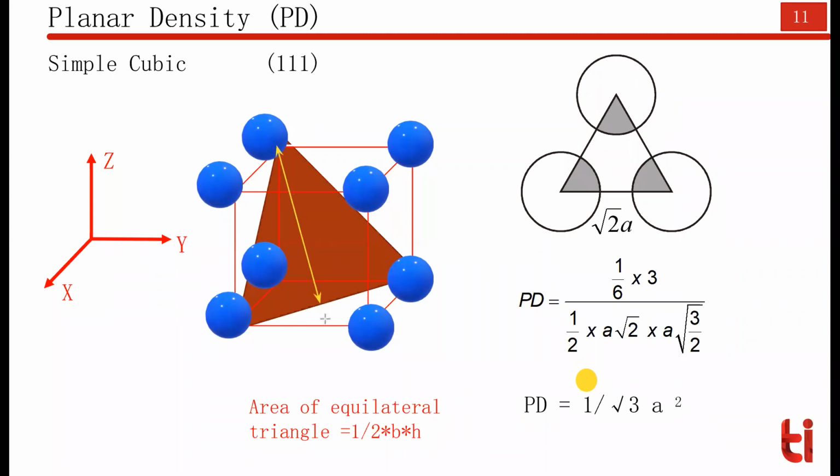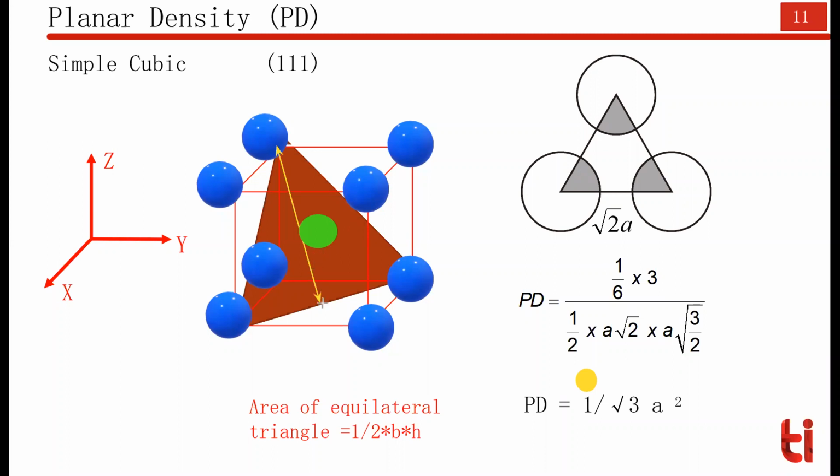So if I try to look along this yellow line, you can easily tell me that your body centered atom, let me show that body centered atom also, will be somewhere here. The position may not be precise. What you can easily see is the yellow line never passes through the center of the body centered atom.